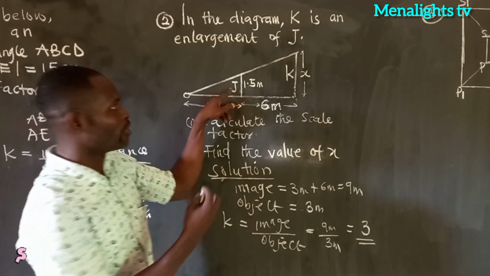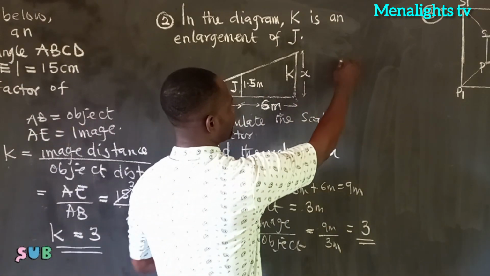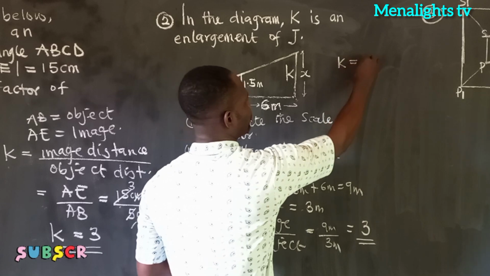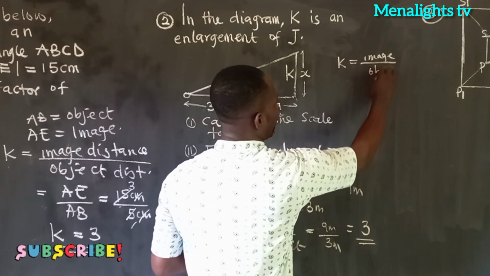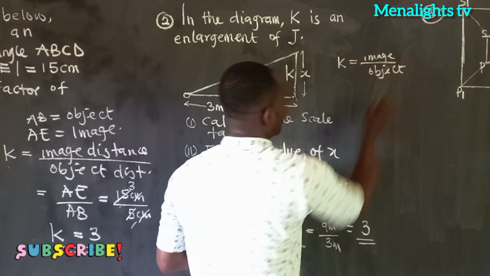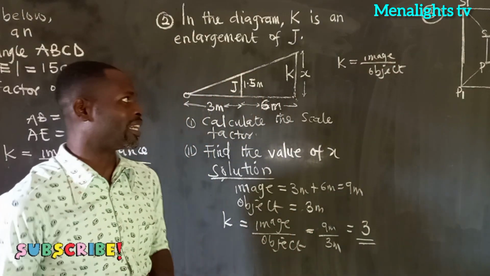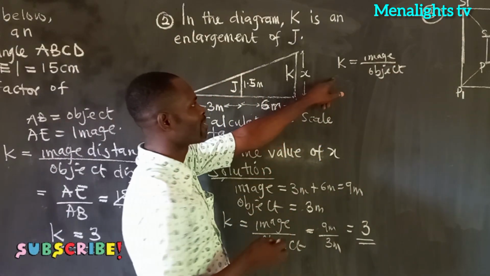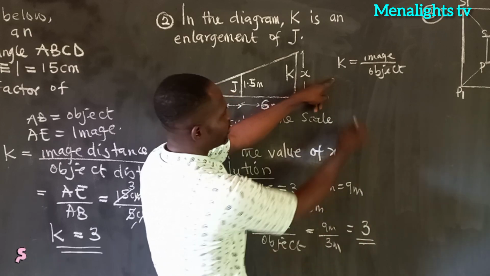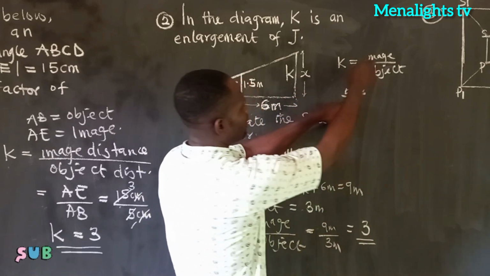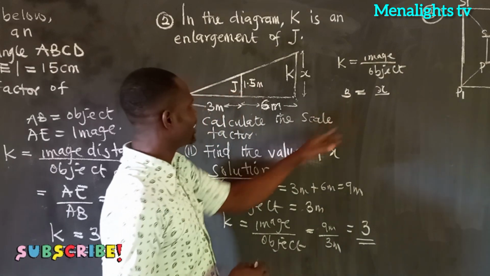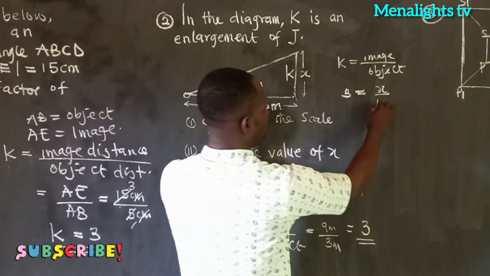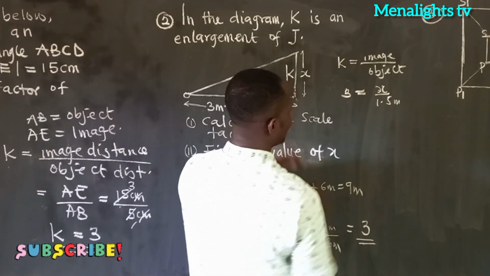So what we have to do is, we know that K is equal to the image over object. The scale factor is equal to the image over the object. So the scale factor here is 3, the image is the X here, and the object is 1.5 meters.